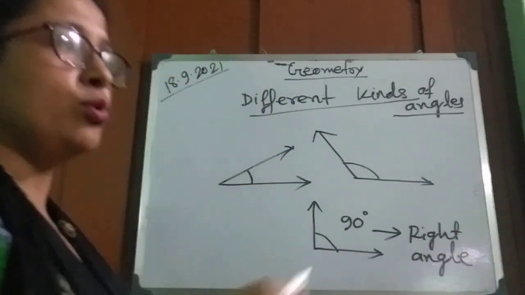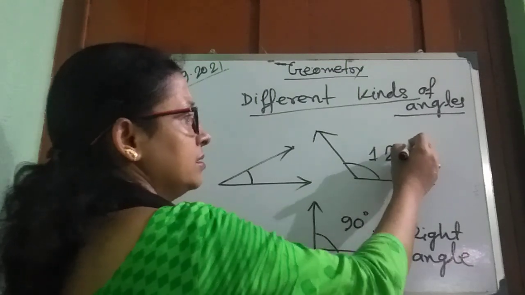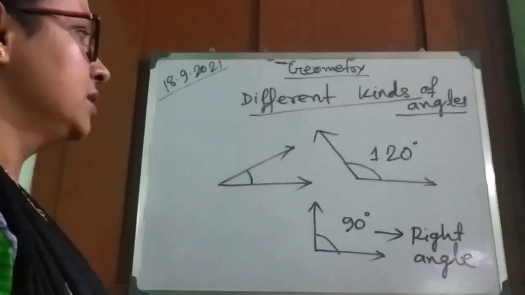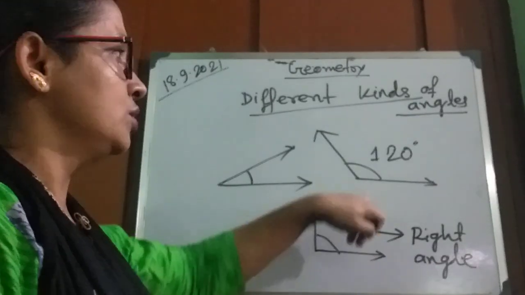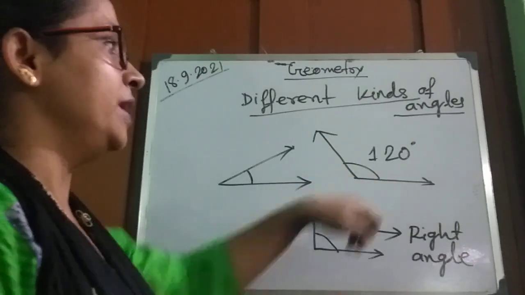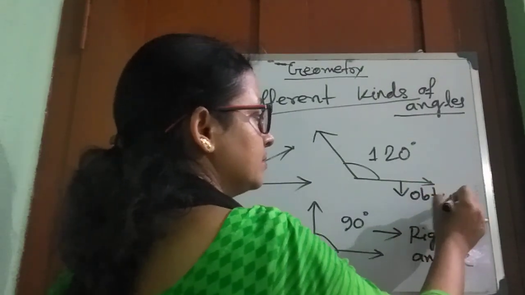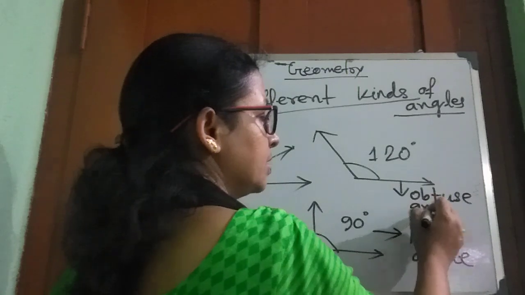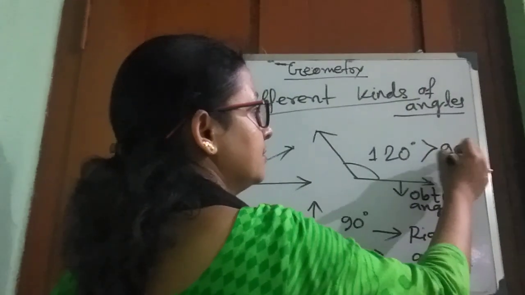Maybe one angle you have got here, I think 120. That time 120 is greater than 90 degree, so it is called an obtuse angle, because it is greater than 90.